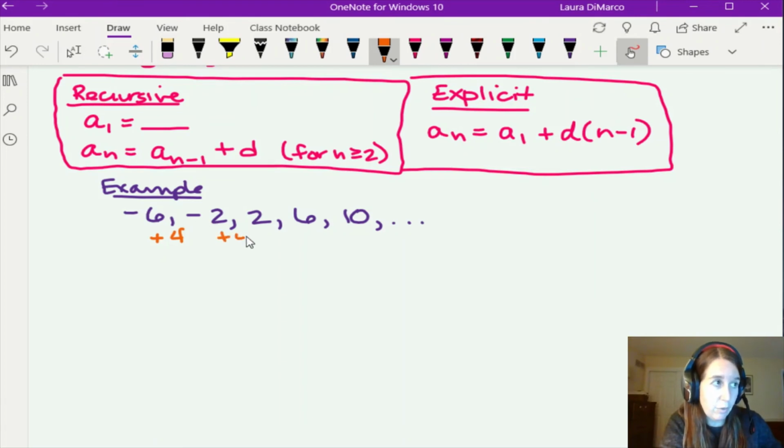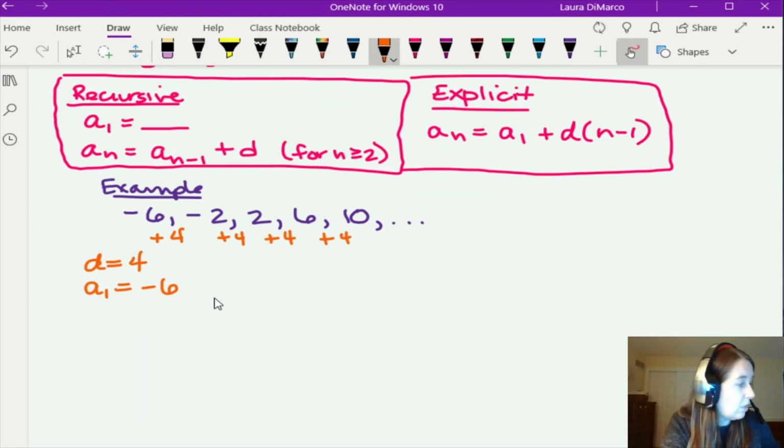If I added 4 again, I would get over here. Sometimes it's easier to see in the positive numbers, so you can always start anywhere in the sequence, but just compare it to all of the terms. So each time I am continually adding 4. So I know that d is equal to 4. Okay, I also right away know a sub 1, that's the first term, that's -6.